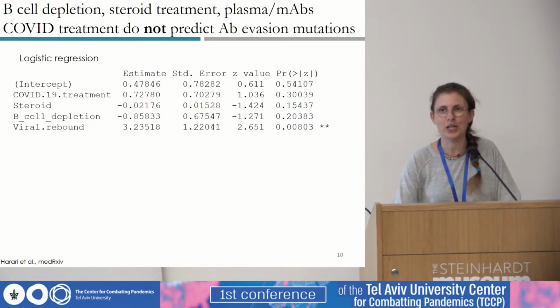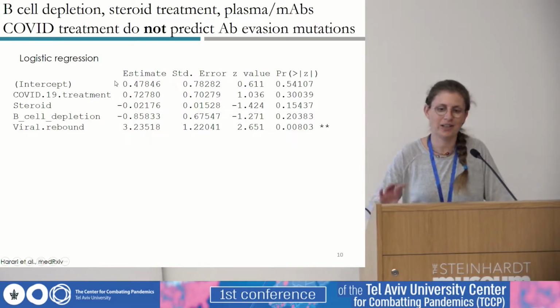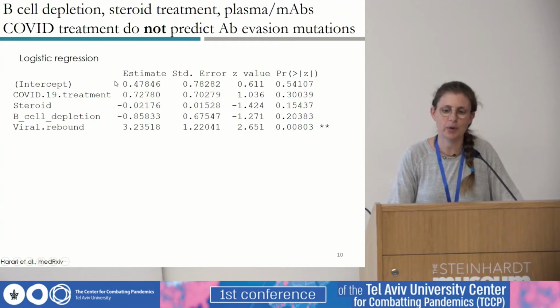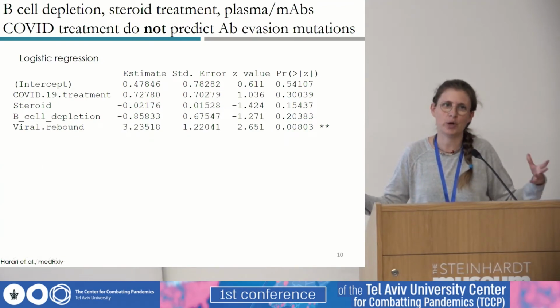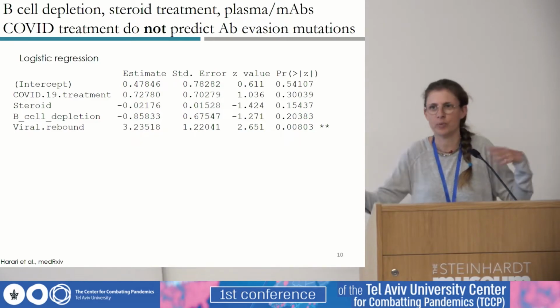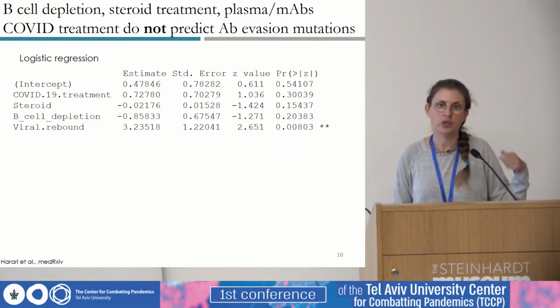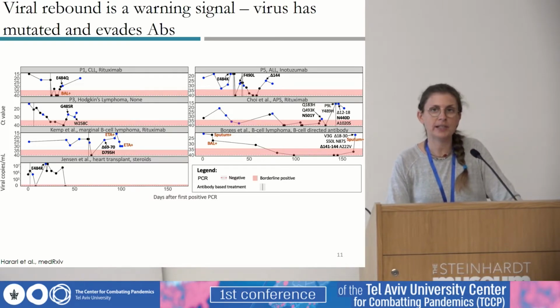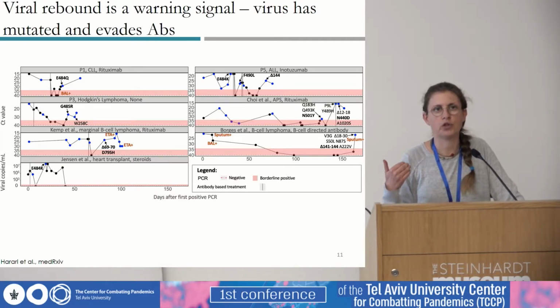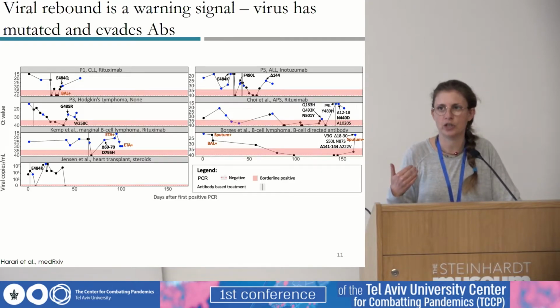The only thing that did predict antibody evasion mutations was viral rebound. Okay, so the situation where the virus disappears and then reappears, and disappears and then reappears. In these situations, what we see is that when the virus returns, it returns with an antibody evasion mutation.